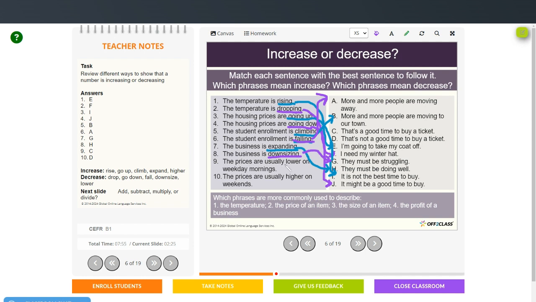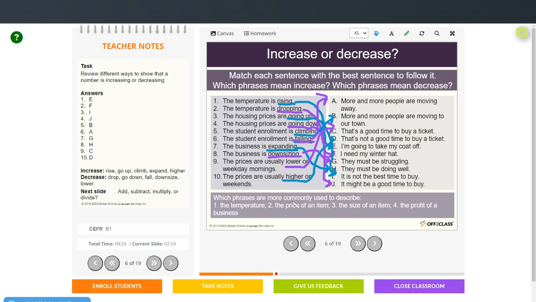The prices are usually lower on weekday mornings. So that's lower. So that's a good time to buy a ticket. And the prices are usually higher on weekends. That's not a good time to buy a ticket.